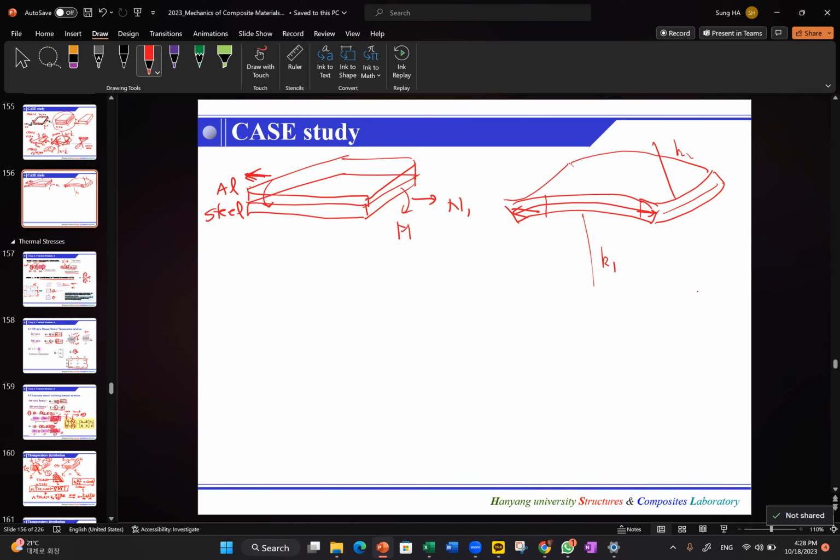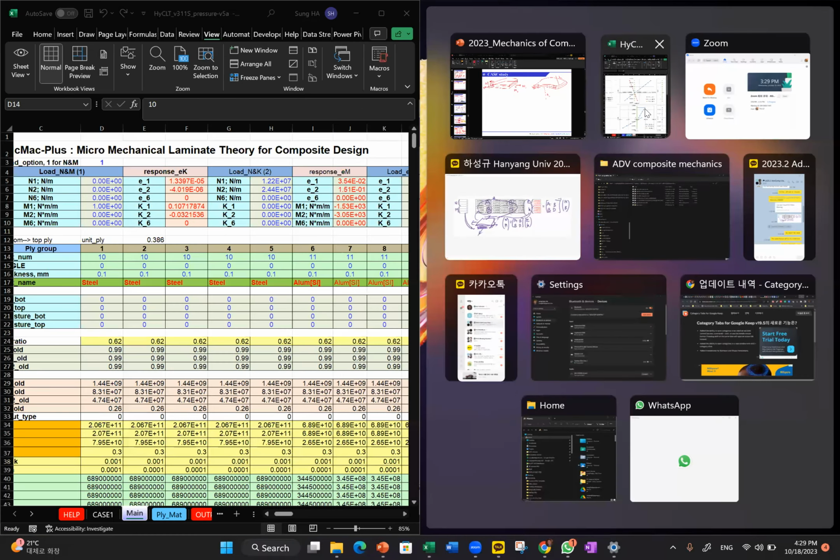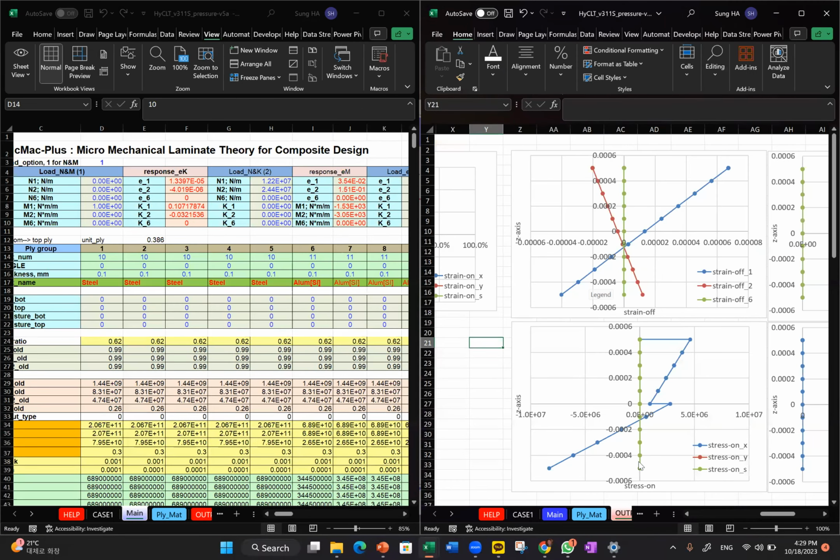Then we are sure that we are going to have strain, of course the curvature, and also anti-curvature.